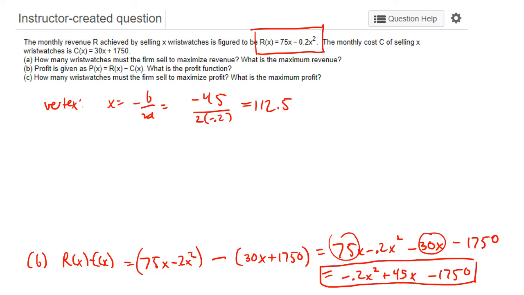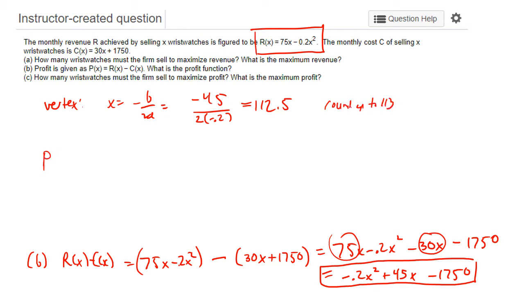Sorry, I said 102 and I wrote 112. It's 112.5. Okay, I still can't sell half of a wristwatch, but this still has symmetry, so either 112 or 113 will give me the same maximum profit. So we may as well round that up to 113.